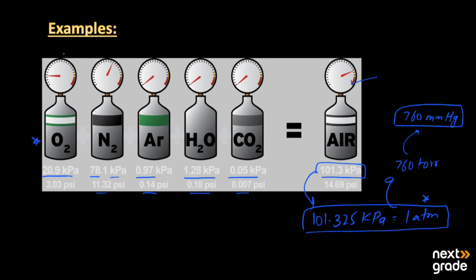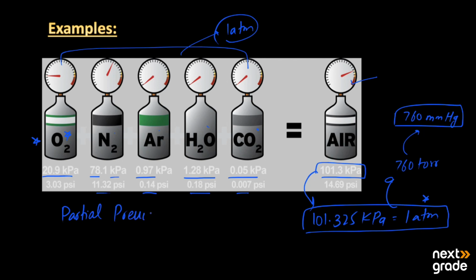Then when we combine the pressure of all the gases separately, that is the mixture of gases, oxygen, nitrogen, argon, water vapors, and carbon dioxide, it is equal to 1 atm. So the pressure that these gases apply is known as the partial pressure.